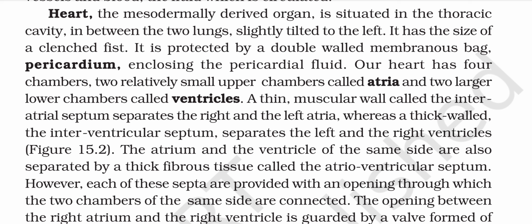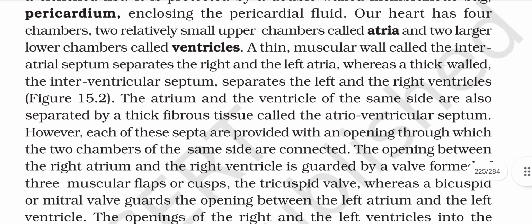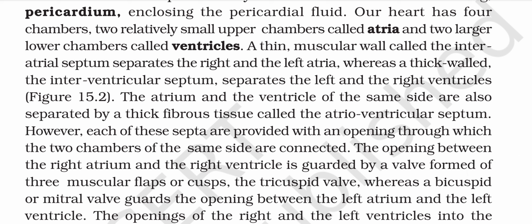Our heart has four chambers: two relatively small upper chambers called the atria and two larger lower chambers called the ventricles. The atria are relatively smaller than the ventricles, right? A thin muscular wall called the interatrial septum separates the right and the left atria, whereas the thick-walled interventricular septum separates the left and the right ventricles.